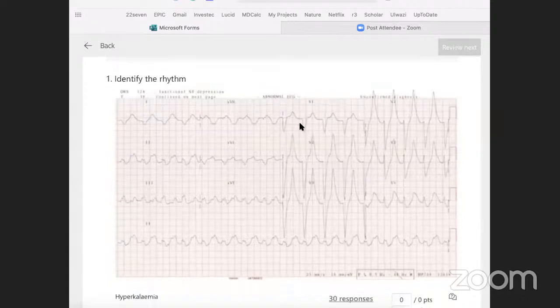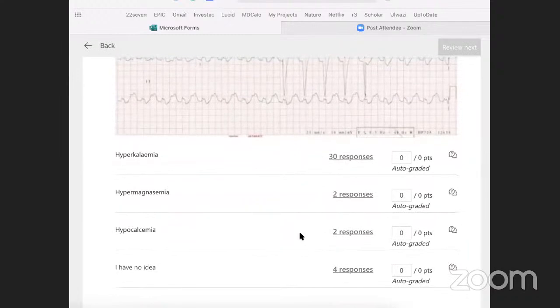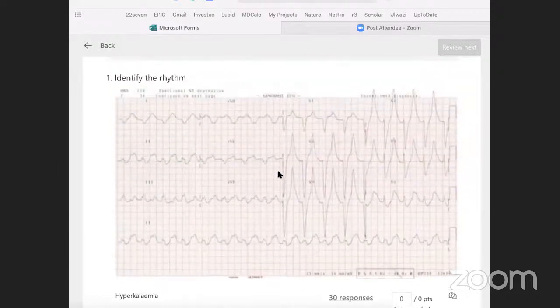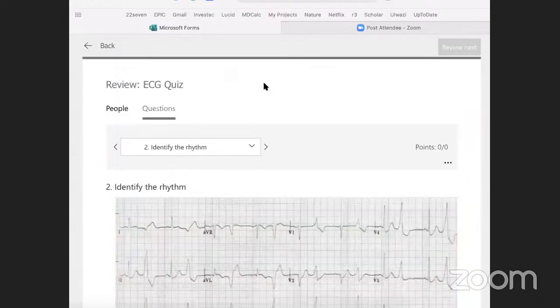This is very classic of hyperkalemia, and most people responded noting that. People call potassium the syphilis of ECGs because it can really present in any way or any fashion.